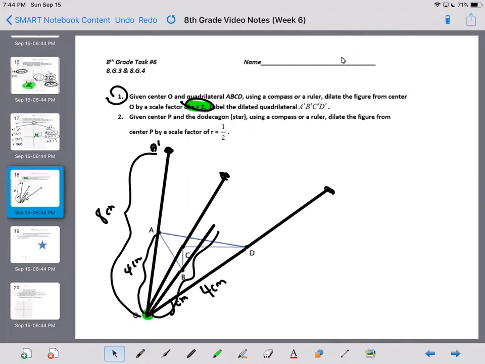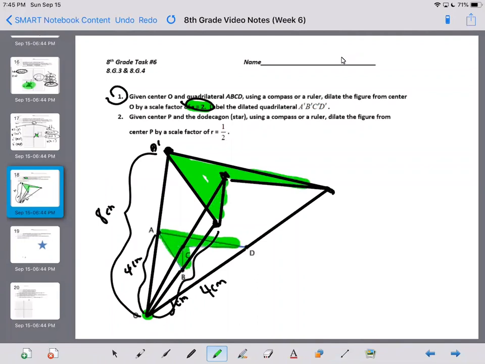And when you have your new endpoints, then you're going to just connect them, and it's just a sketch here, but you should have your similar shape as you have from the original. But you've just dilated it by a value of 2.